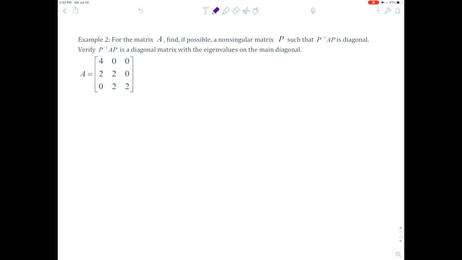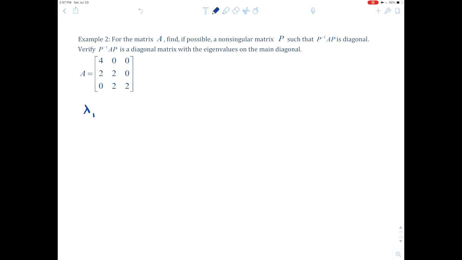Our next example has our matrix A here. We want to find, if possible, a non-singular matrix P such that P inverse times A times P is diagonal. And then let's verify that P inverse AP is a diagonal matrix with the eigenvalues on the main diagonal. So let's check it out. What do we know about triangular matrices? Beautiful. We know that their eigenvalues are the values on the main diagonal.